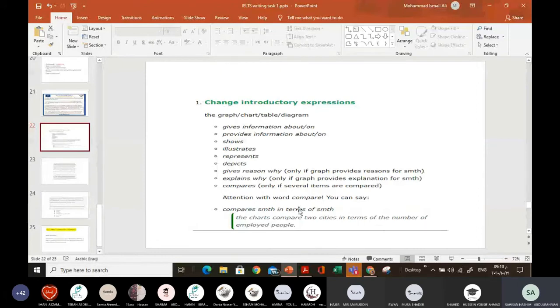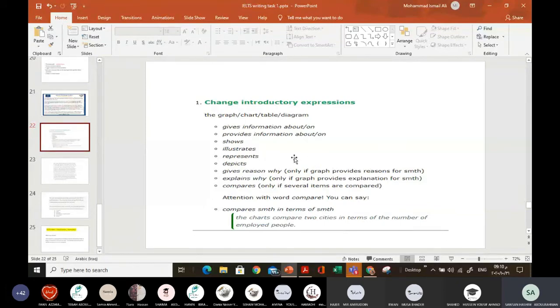Compare something in terms of something. So you keep this in your mind.